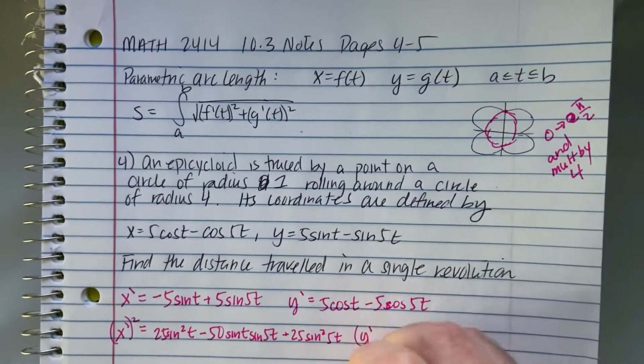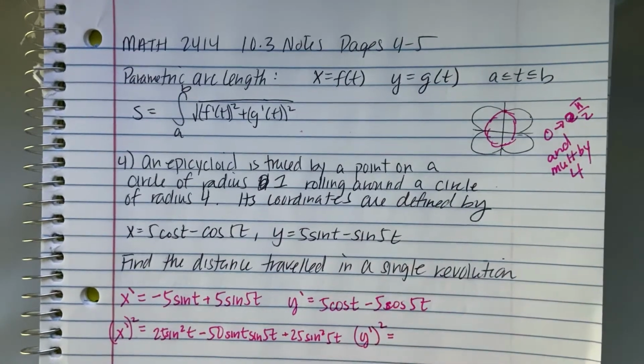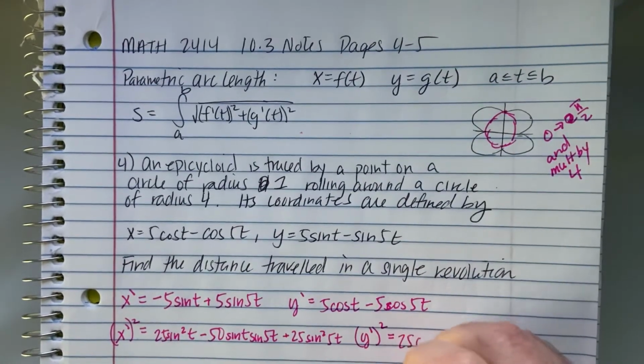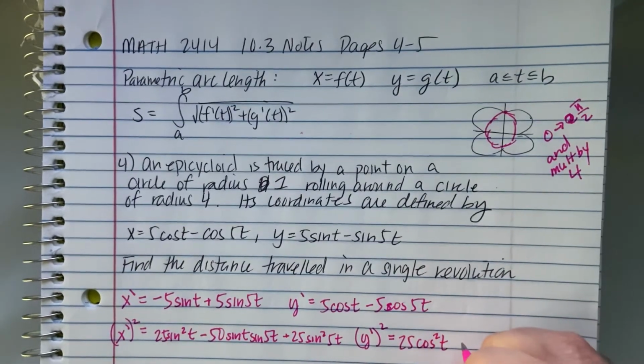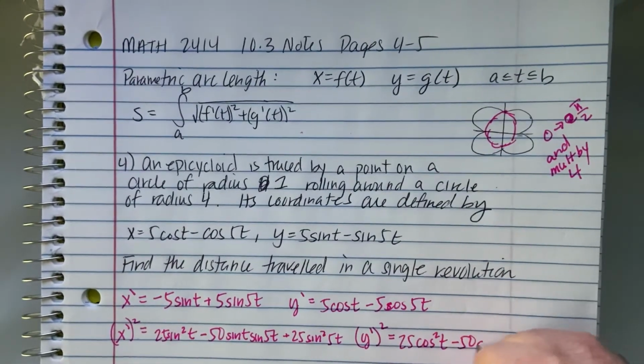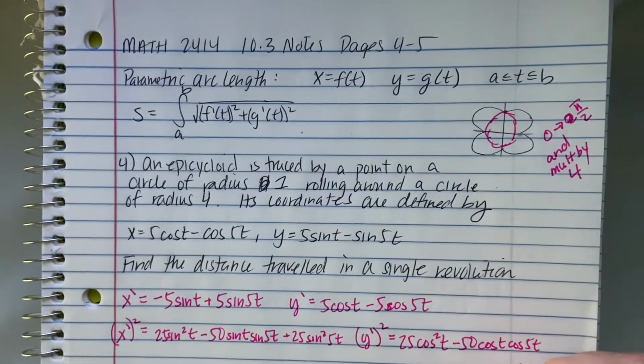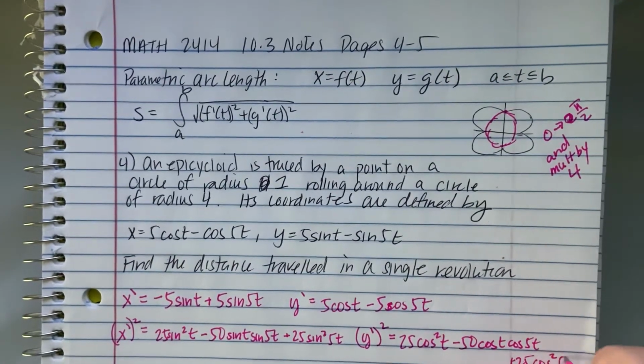Y prime squared is going to be similar. That would be 25 cosine squared t minus 50 cosine t cosine 5t plus 25 cosine squared 5t.